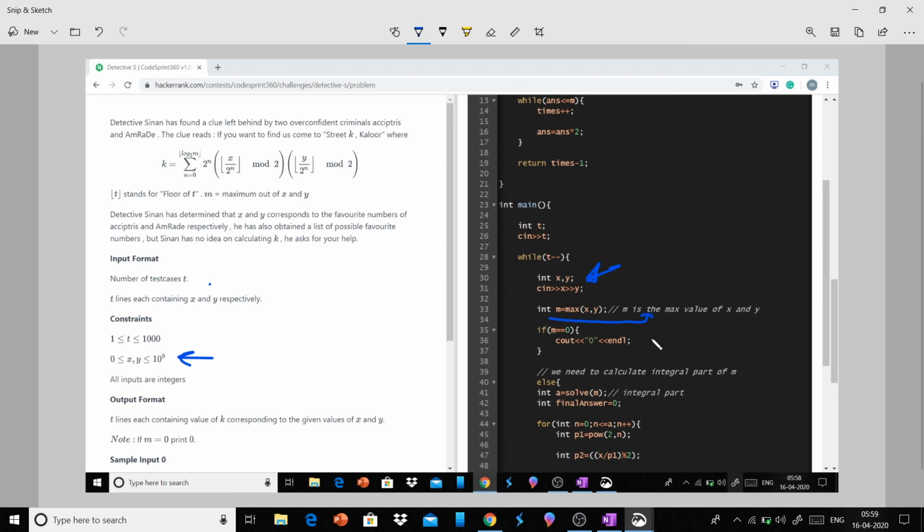If m is equal to 0, then cout will be 0, and else this program will run. Let us see what this program is.